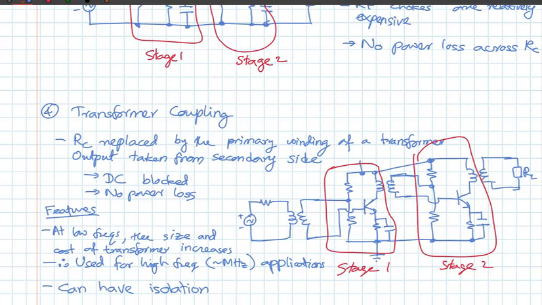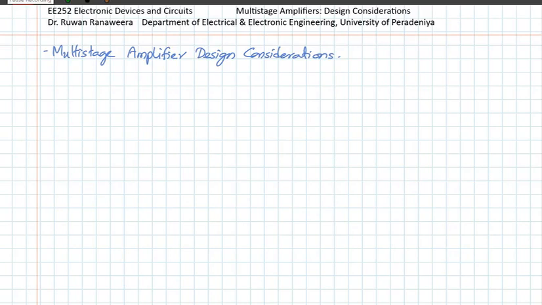The next thing we are going to do is multi-stage amplifier design considerations. Typically for voltage amplifiers we like to have high input impedance, low output impedance, and high voltage gain.